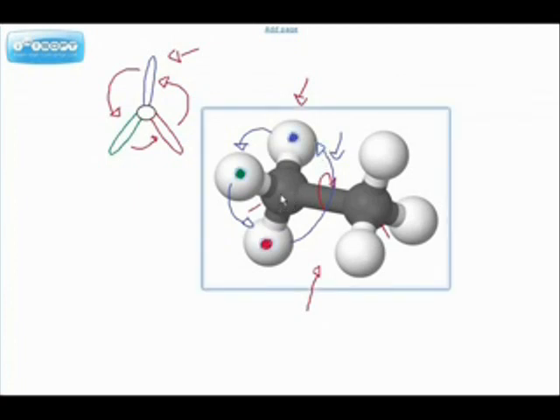Depending on how these atoms and molecules rotate around single bonds is what determines things like the boiling point, the smell, a host of different qualities about this molecule can change depending on how this rotation takes place about the single bonds on straight chain alkanes. So this is an extremely important concept that we have to learn when dealing with alkanes and organic compounds.